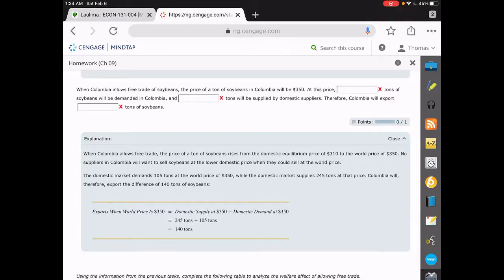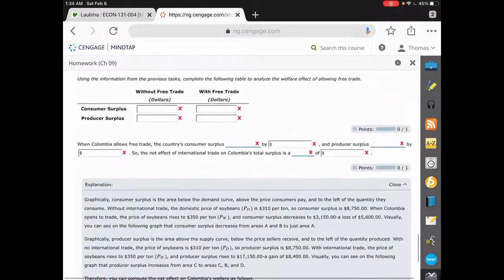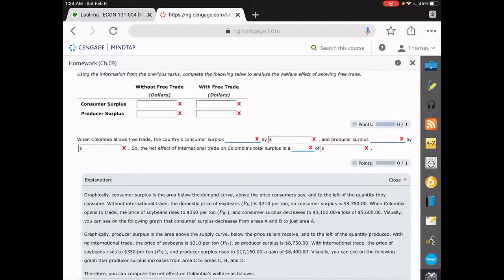And then you can finish the rest of those. Then we would start to put all of the numbers in here for consumer surplus and producer surplus.